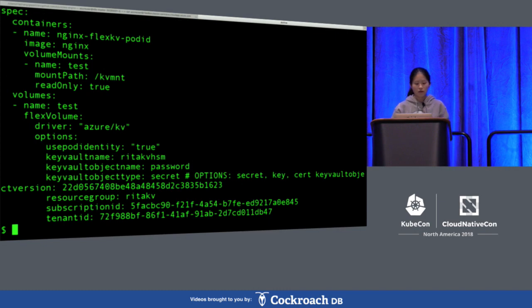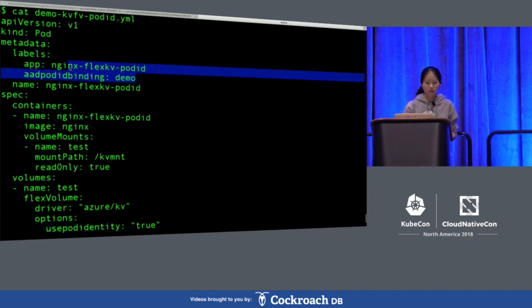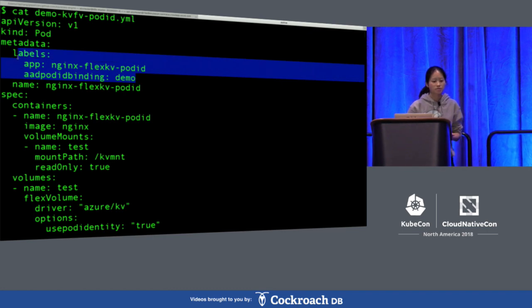Again, the same Key Vault demo that I showed earlier, which tries to grab the secret from Key Vault, but the difference here is I'm using pod identity. And once again, I'm able to do this because I've added some labels that tell the pod identity solution to go ahead and assign an identity to this pod using this label.